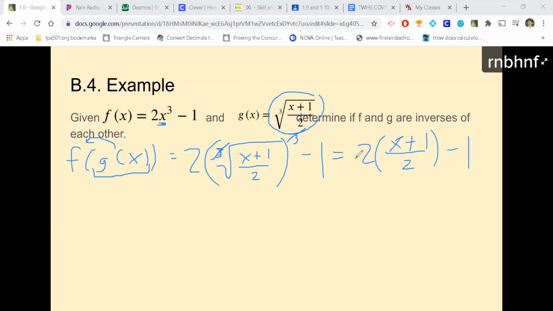You see the 2's cancel out. I get x plus 1 minus 1, which is x. Yay!